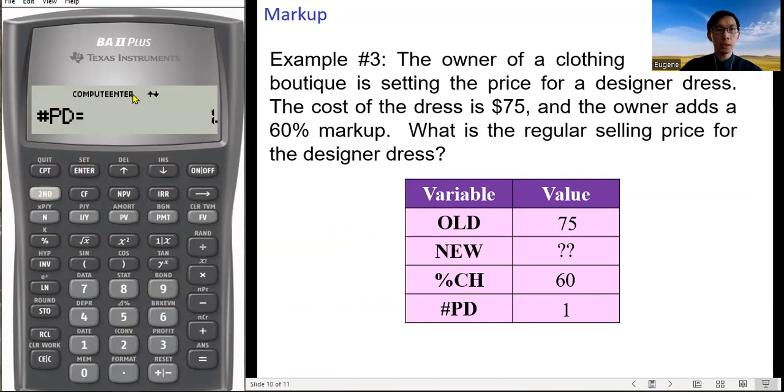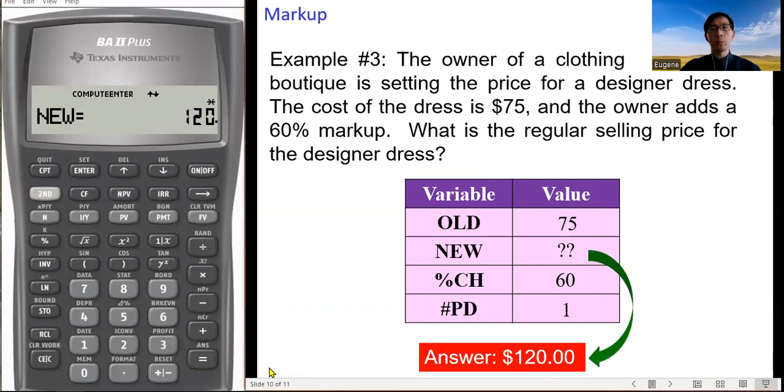And then PD equals 1. Get back to the variable new. Compute it by pressing the CPT button. We get the answer $120, the selling price for the designer dress.